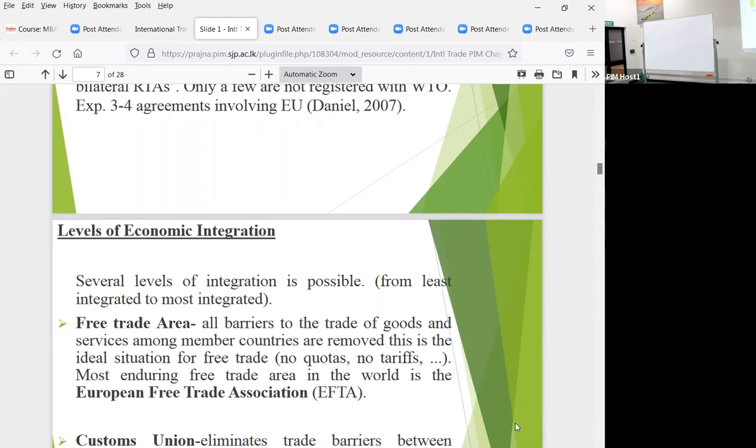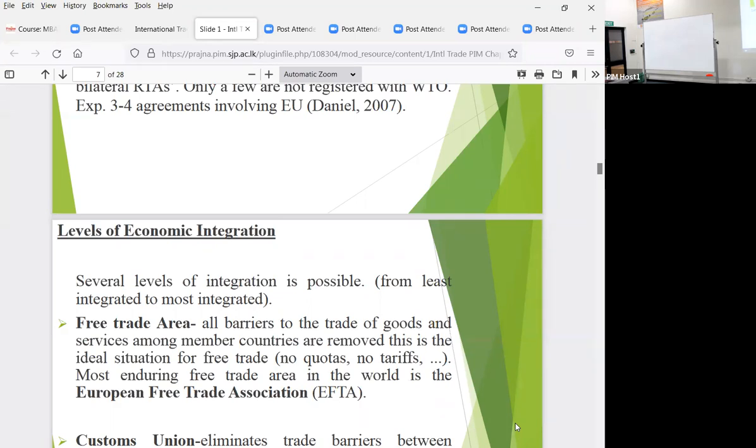Then the last one is the political union. That is a common parliament and so on, right? So here what happens? You may get economic growth by getting into that, but at the expense of your sovereignty. So your sovereignty is lost. Individually, you can't say I am from France, because most of the things are done by the EU head office.